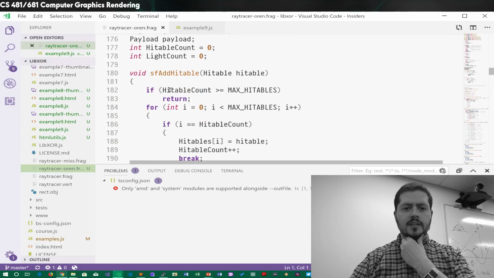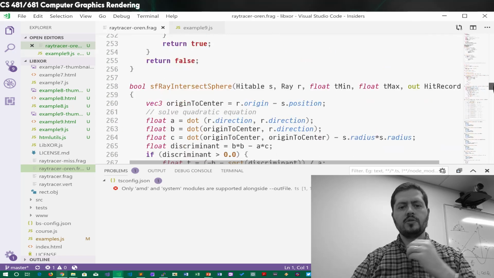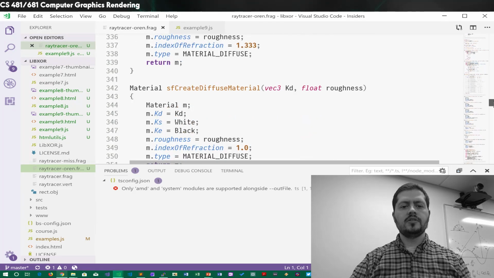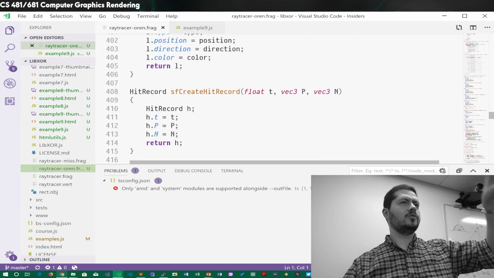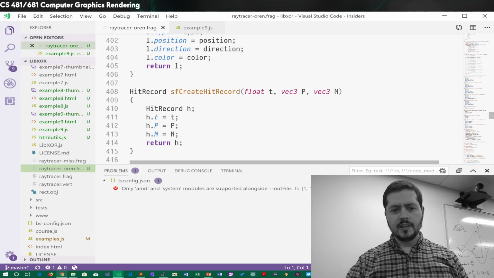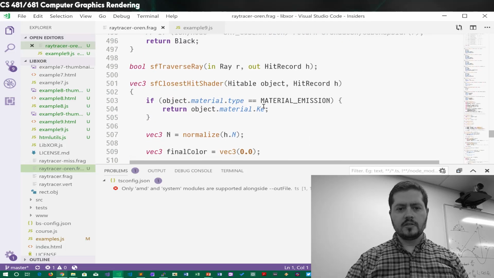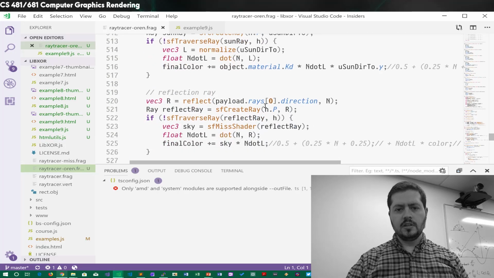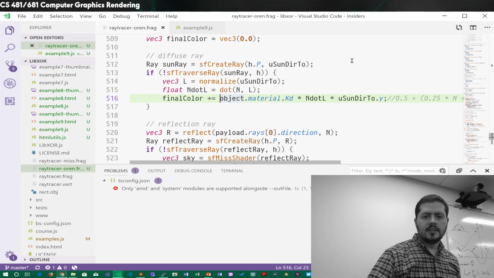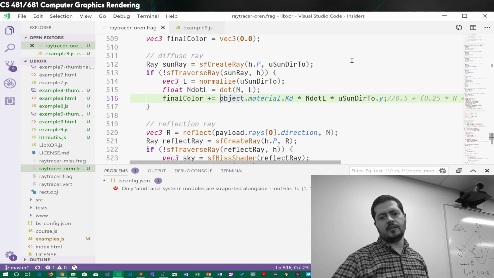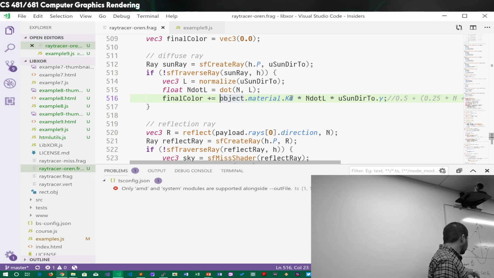You guys can look at the source code for this, trace through the flow of the program, and you'll see more or less how I use it to implement that ray tracing pipeline. So shaders, closest hit shader. This is the one where you'll see that I'm multiplying the diffuse color, so that represents the rho.